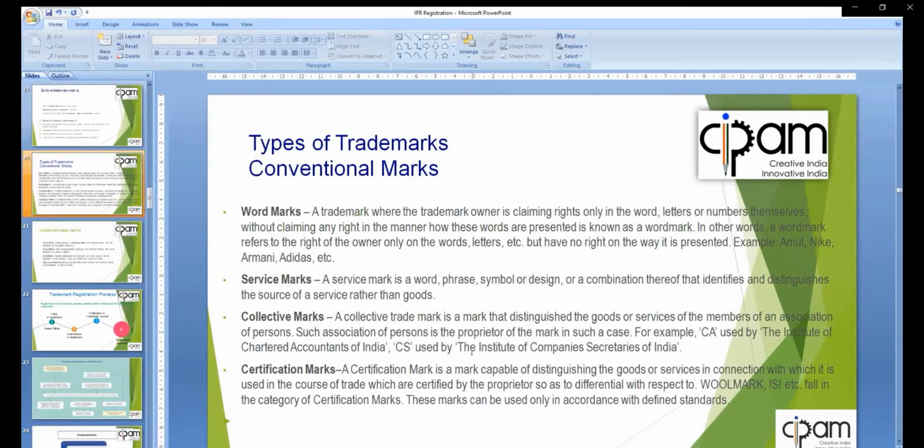Collective mark, for example chartered accountancy, company secretary. This is the mark for an organization. Certification mark is for example Agmark, ISI, Woolmark, FSSAI. The certification mark signifies the certification, quality, purity and originality of the products.